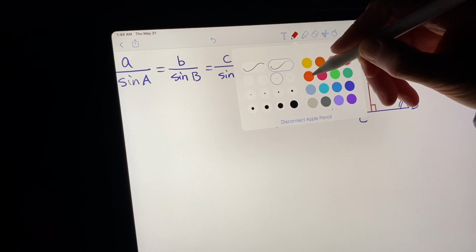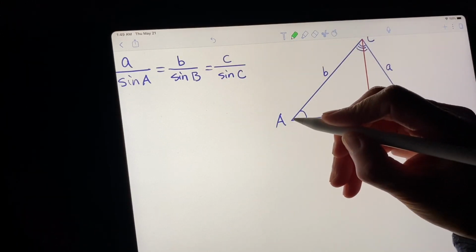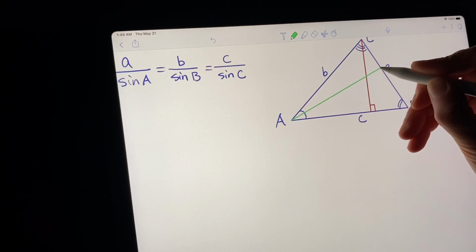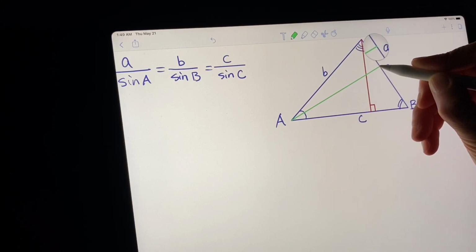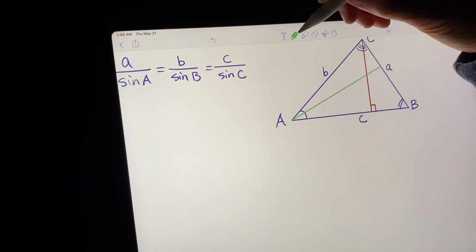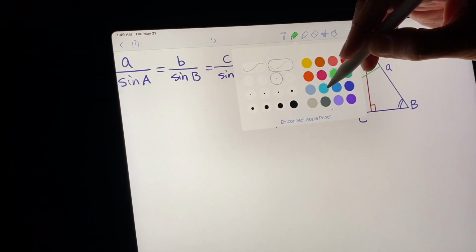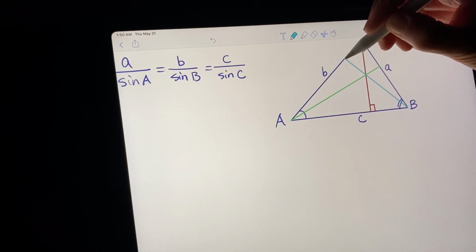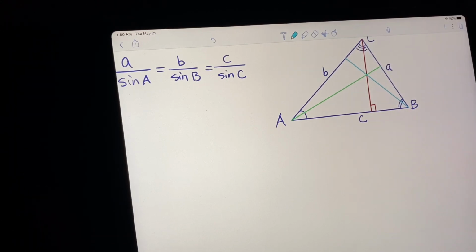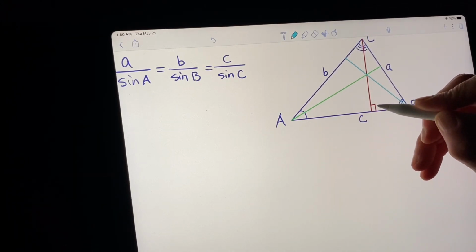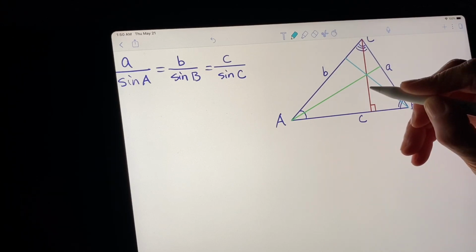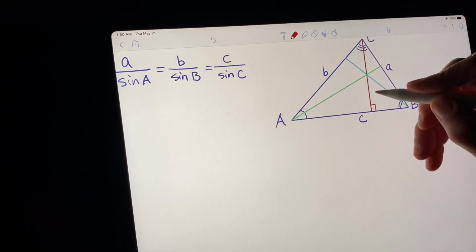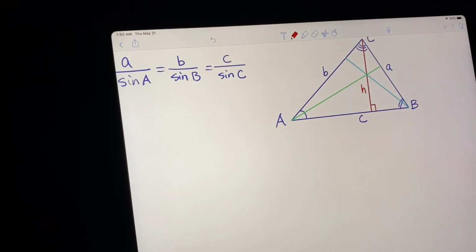You can equally do another height here, 90 degrees. Make sure it is 90 degrees. And you can equally do another height here. You can do this red or blue height, but we leave it here. What we are going to use is only this height h. I will use red color for this height h.